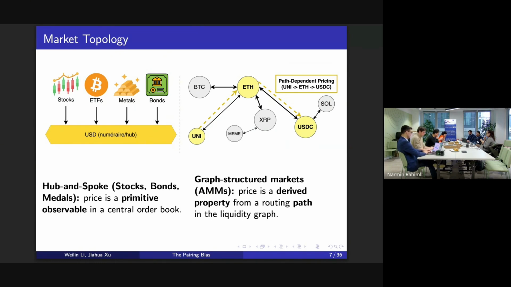You can just pick two random tokens and form a Uniswap pool. This creates a market topology difference between traditional assets and AMM pool markets: the price is derived from the routing path instead of the limit orders posted on the book. That's the key insight here, that price is path dependent.